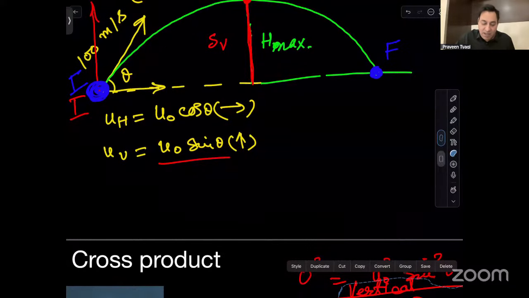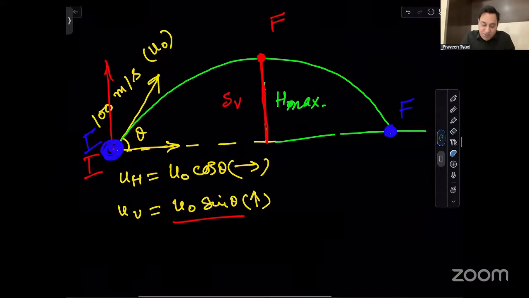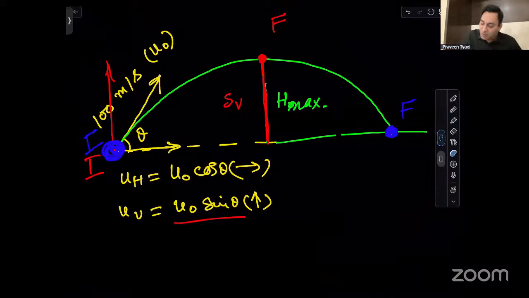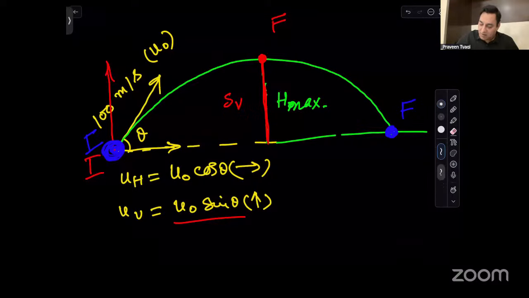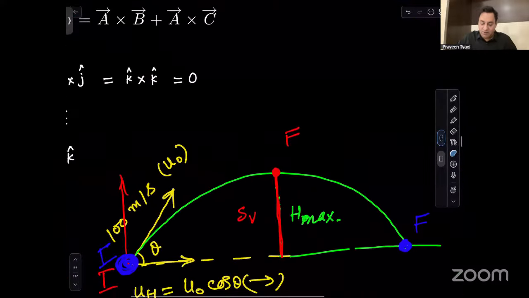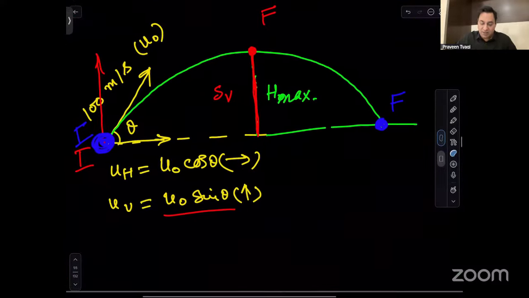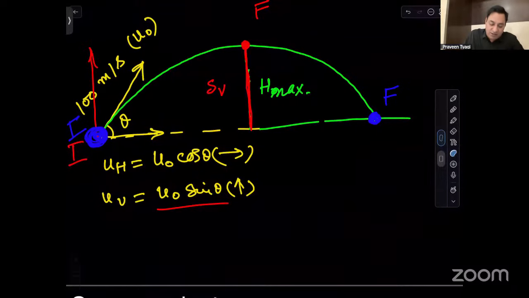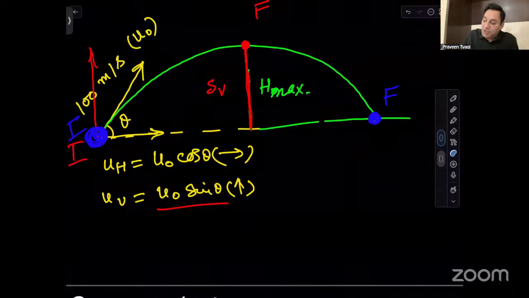Now, for me, this is the initial position, this is the final position, and now at this point, I want to find the total time of flight. Let's see for vertical motion, what is the information that we have?